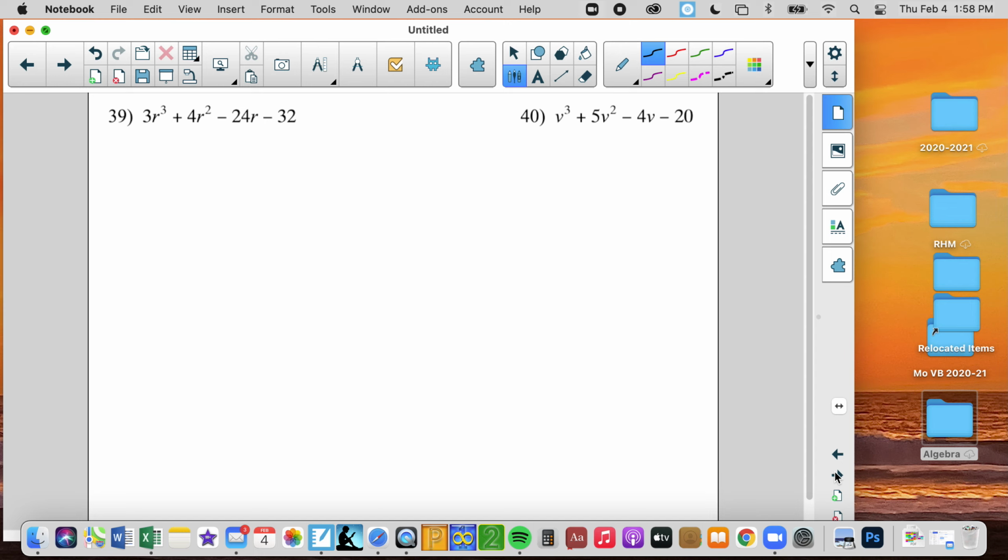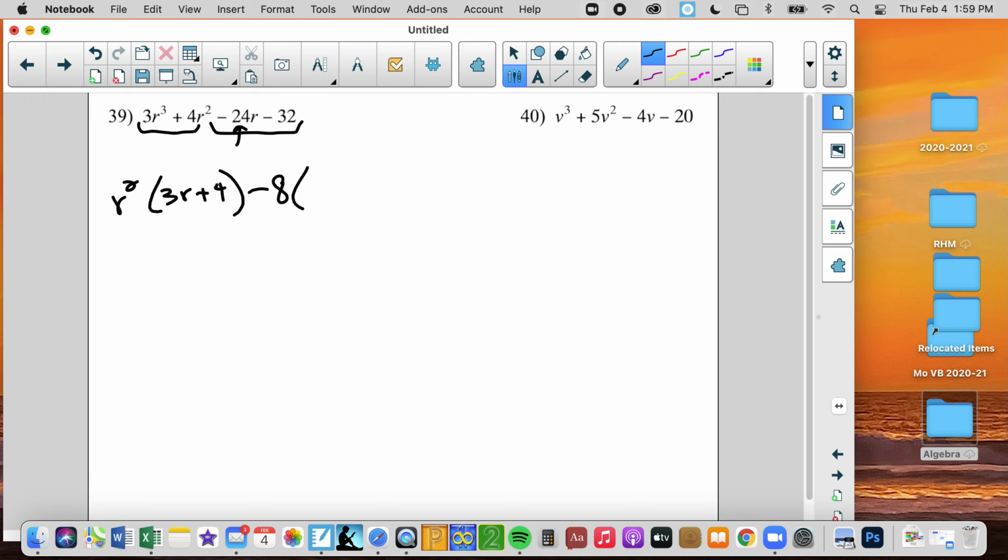Last 2. So we can factor out an r squared. We get 3r plus 4. We can factor out a negative 8. Ooh, I like that. I thought about 4, but if I do that, I would have gotten a 6 here, and that's not the same as 3.